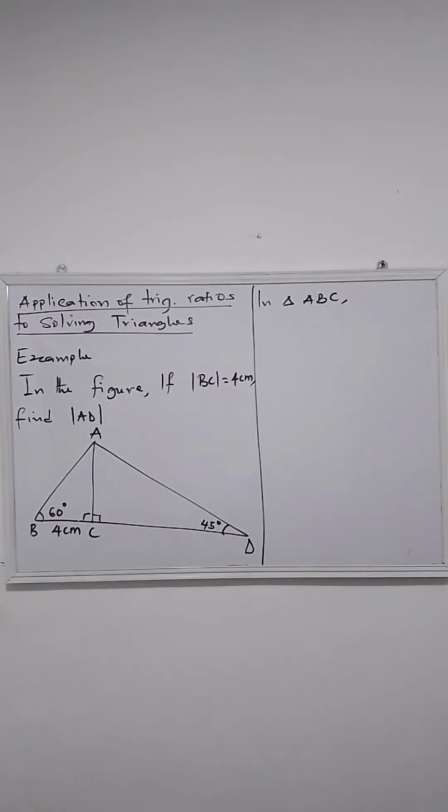Is anyone telling us in the diagram what side BC is? You are just joining, you are welcome. Now look at triangle ABC. What is side BC? Is it opposite, adjacent, or hypotenuse? I can only see one person giving me the answer. I expected a good number of us to drop the answer.